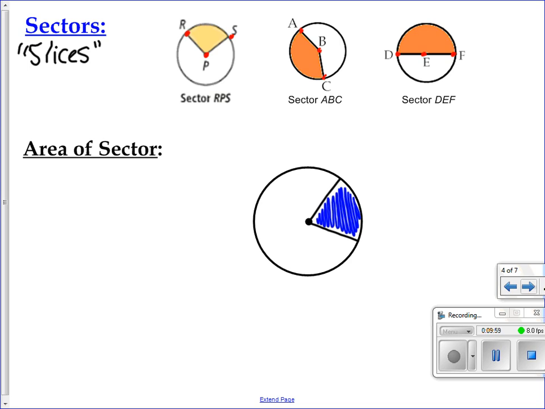And then since I'm finding area, I'm going to multiply that fraction by the area of the circle. So area of a sector is really just a fraction of the circle's area.